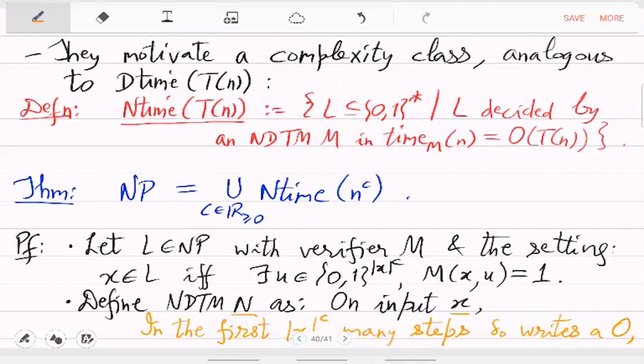So by either picking delta 0 or delta 1, a 0-1 string has been written, which is of length x to the c.